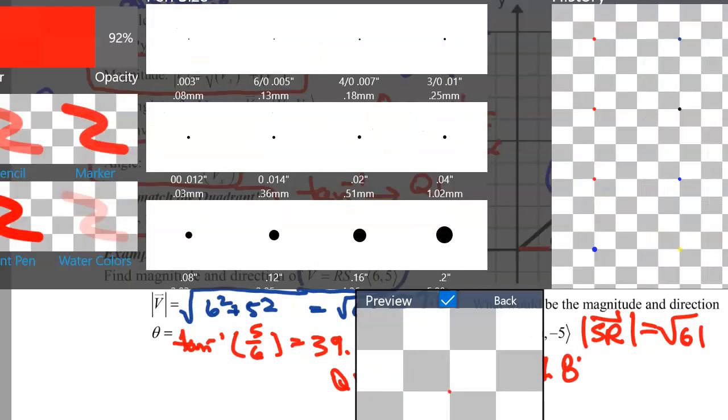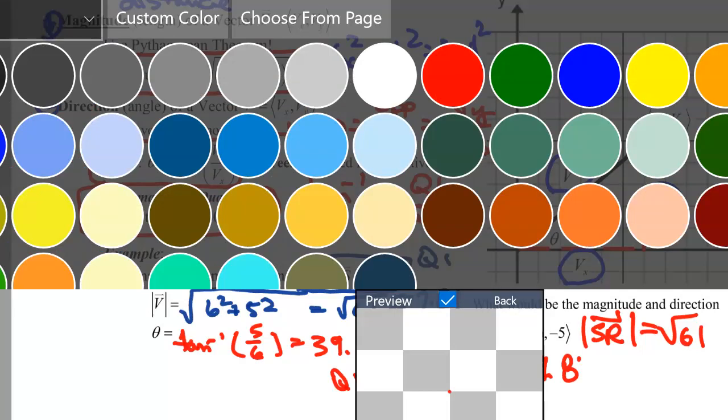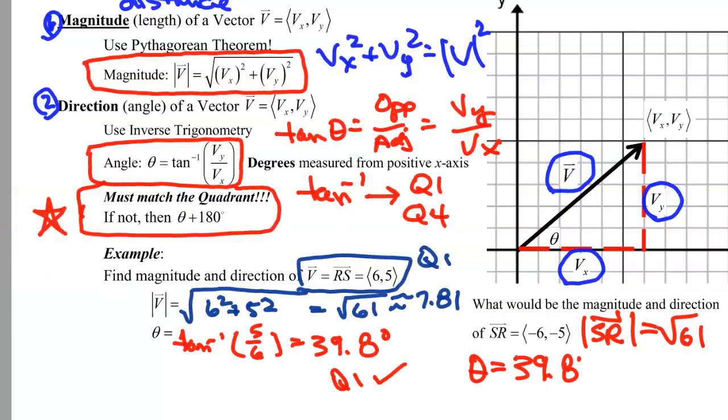What do I need to do? Well, -6, -5 is in quadrant 3. I got to add 180 degrees to that. So I get theta is equal to 219.8 degrees, if that makes sense.